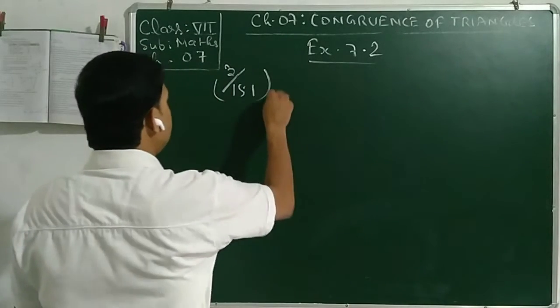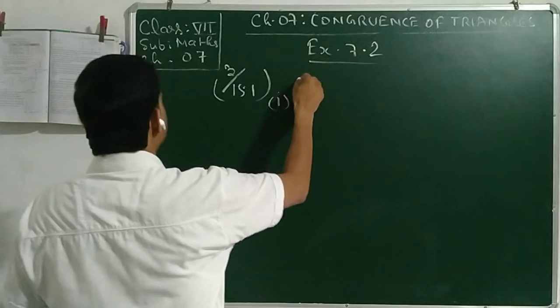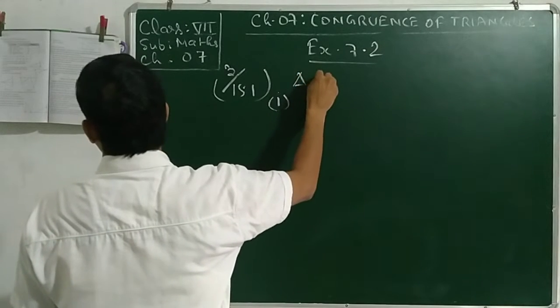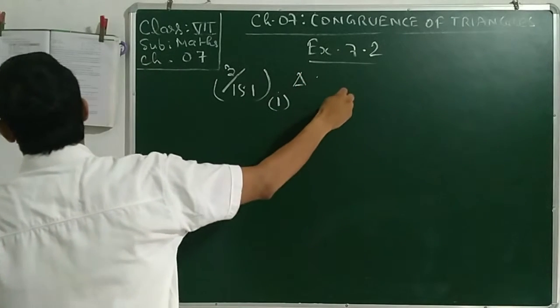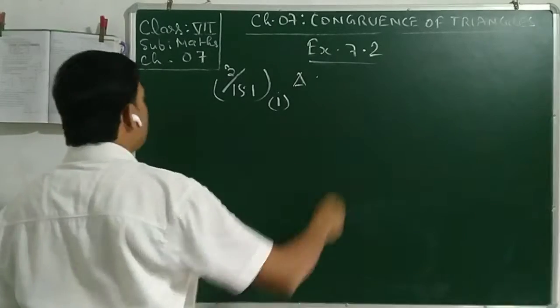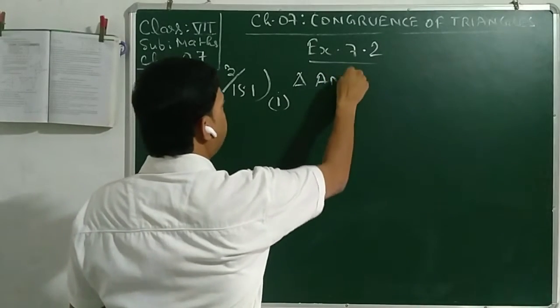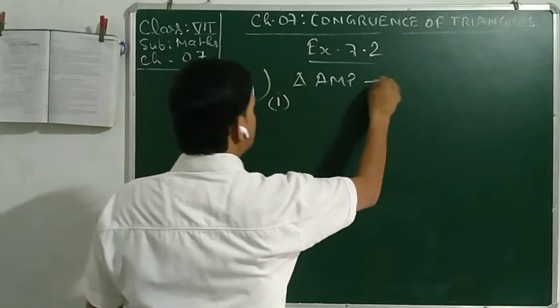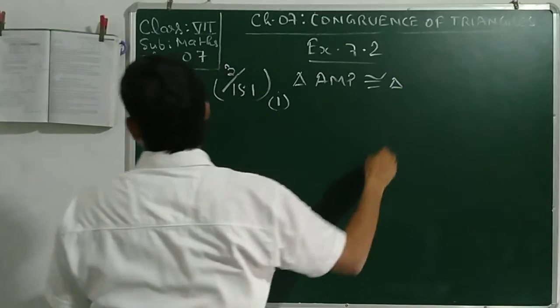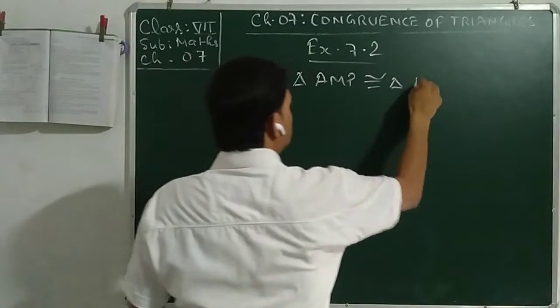The first step is given as triangles: triangle AMP is congruent to triangle AMQ.